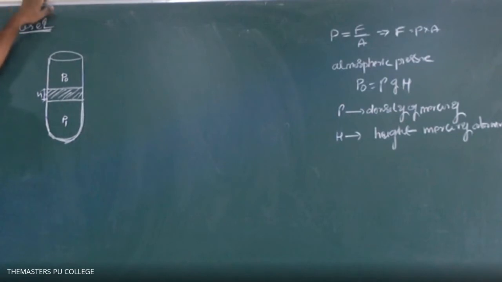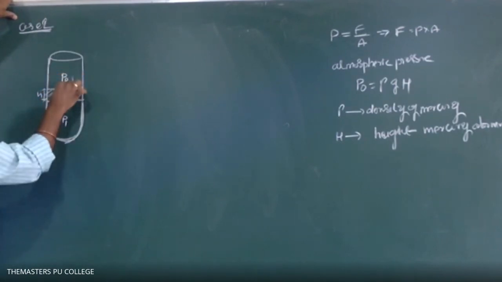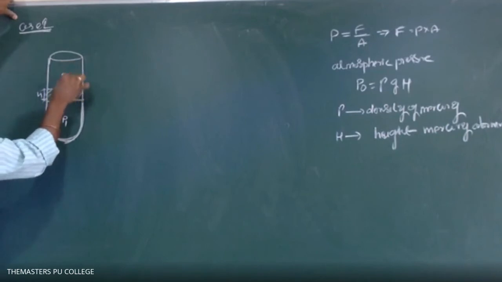What are the forces acting on the mercury pellet? Listen carefully. First, because of the pressure P naught, some force acts in the downward direction. What is that force?